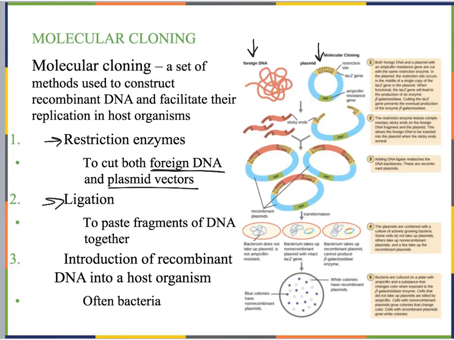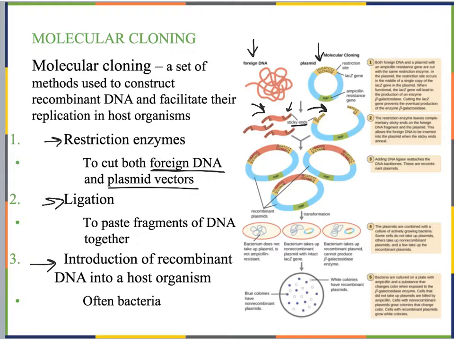Then we have ligation, and this is where we paste the foreign DNA chunks that we have cut using those restriction enzymes into the plasmid, and they're going to fit. You can see they mention sticky ends here, which we'll talk about in more detail. They fit because they're cut with the same enzymes. You can look at the C's and G's and T's and A's that they have here, and you can see that they match up perfectly. Then we introduce that recombinant DNA into the host organism.